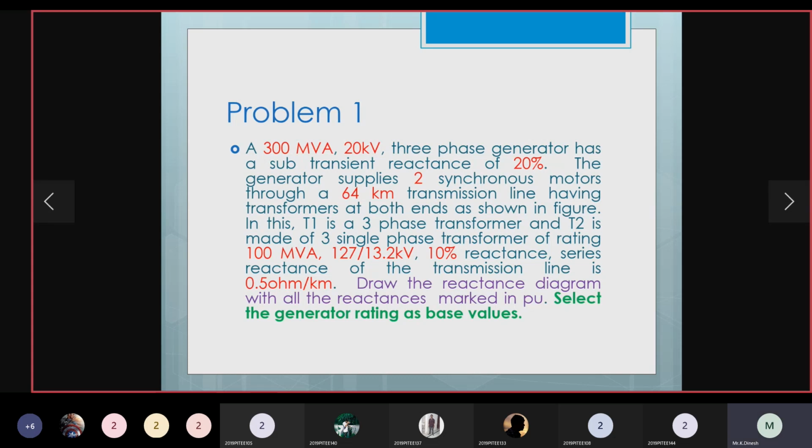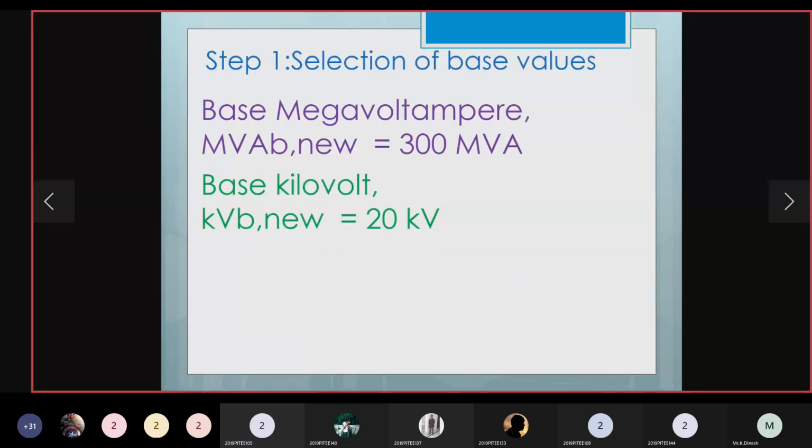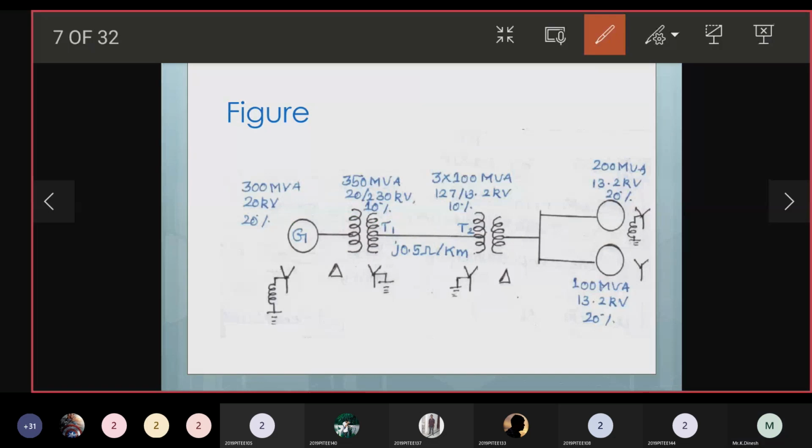T1 is a 3-phase transformer, so there is no issue with it. But T2 is three single-phase transformers in a bank.